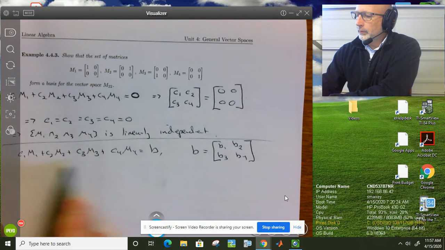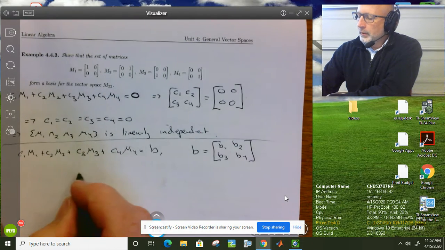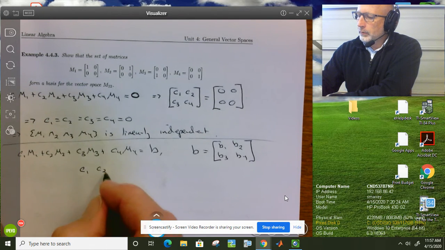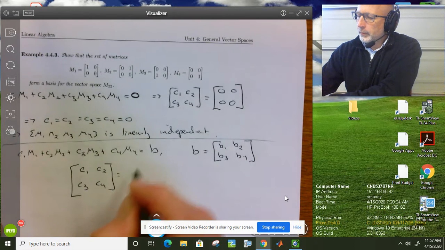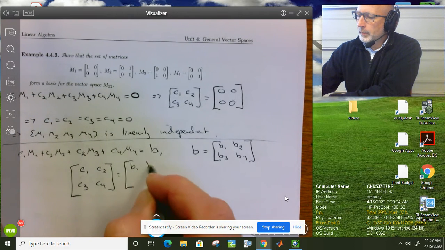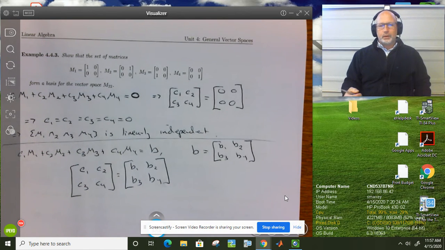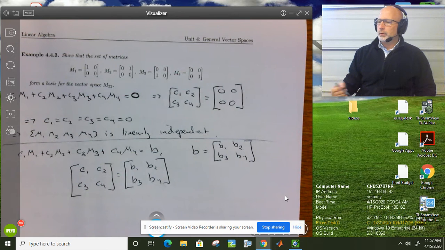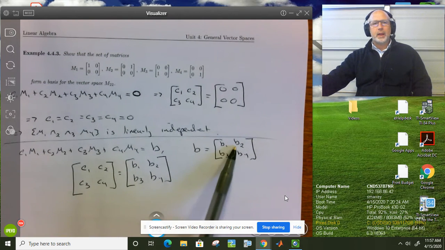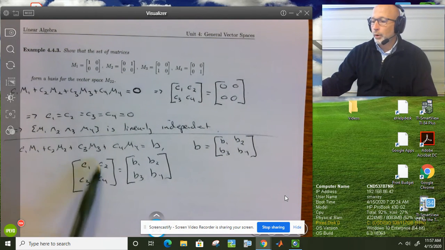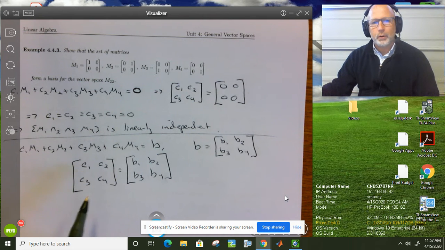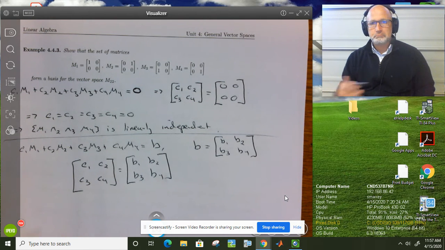Okay, so this once again reduces to this. So I have c1, c2, c3, c4 is equal to b1, b2, b3, and b4. Okay, what does that mean? That means regardless of what vector, or sorry, 2 by 2 matrix I choose, these numbers can be anything. All I have to do is choose the coefficients c1, c2, c3, and c4 to be those, and that's it.